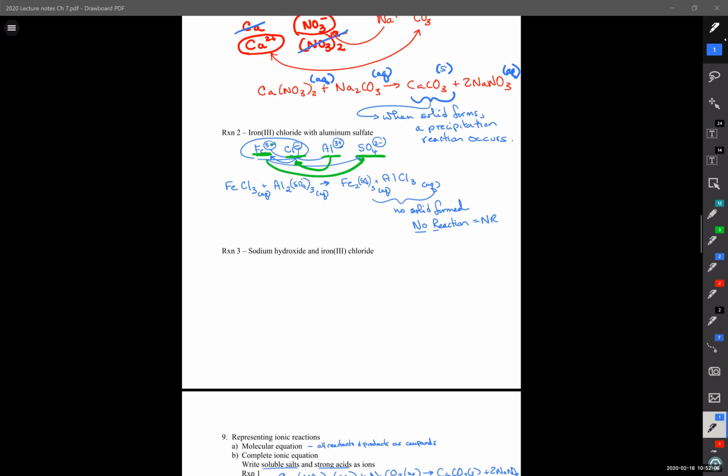These pick the opposite charge. I always start with the positive and then the negative, because this is first. Now you want to write the formula.